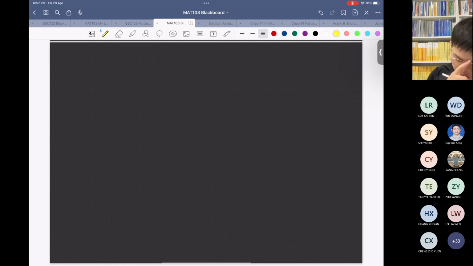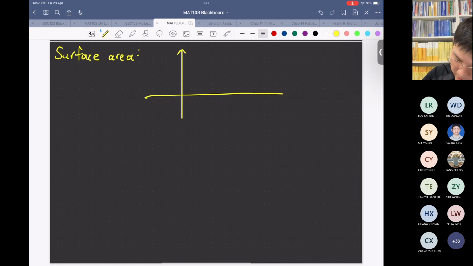Okay, next part is surface area. This is similar to what we did before. But what's this surface area?